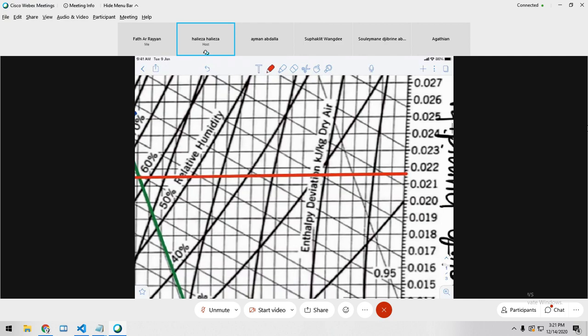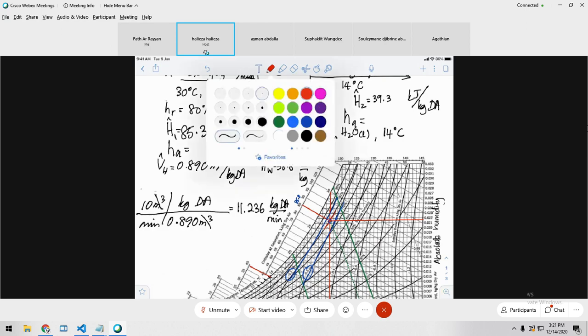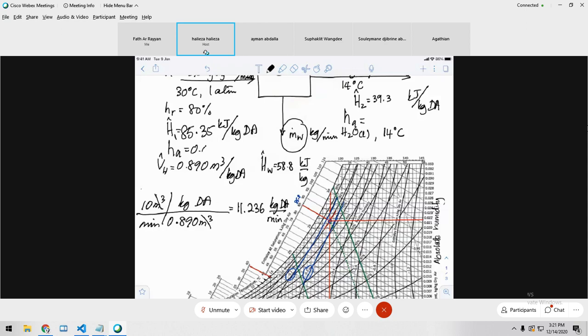It's about 0.0216, roughly. That is your initial absolute humidity. Let me get the black marker. 0.0216 kilogram water vapor per kilogram dry air. That is your inlet absolute humidity.